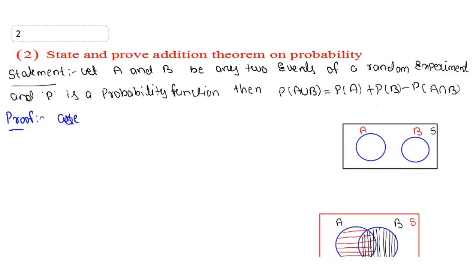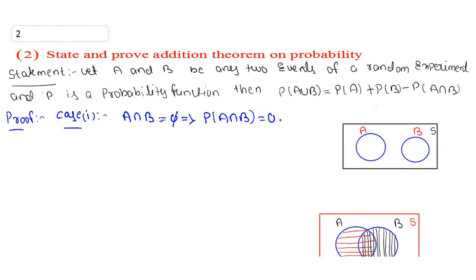First case, condition number 1. In this condition, we take A and B as mutually exclusive events. In the sense that, in this figure, there is no common part between A and B. So here I am taking A intersection B is equal to empty. If you apply probability, P of A intersection B is equal to 0.